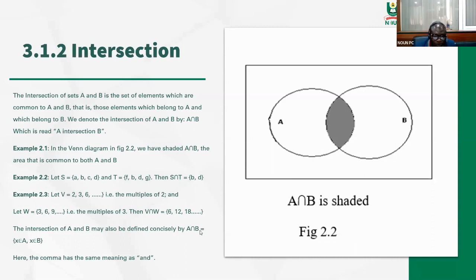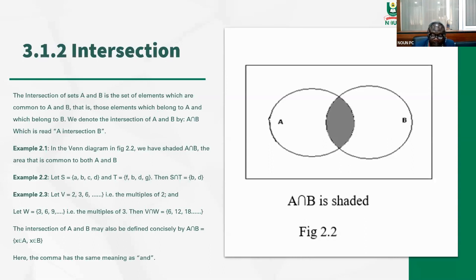Now, how do you build the intersection? A intersection B could be regarded as what? Set of X such that, correct this now, rewrite it very well. Open the bracket. A intersection B is equal to open bracket. Have you done that?